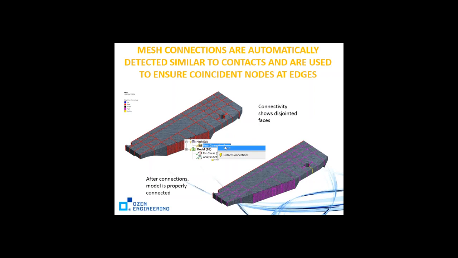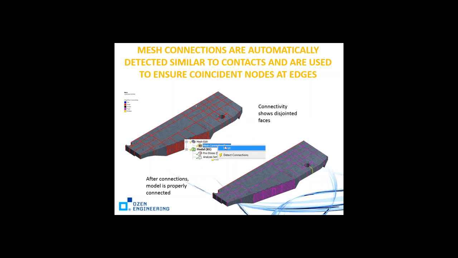And if you're bringing a mesh from outside, there's something new in the mesher called mesh connections, which will automatically detect, just like contacts, and adjust the nodes so that you can align these nodes and elements with respect to each other.